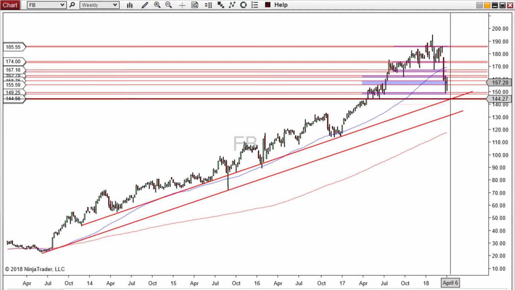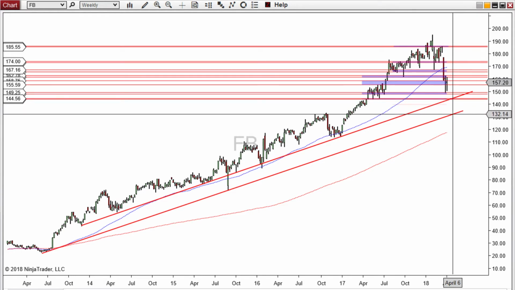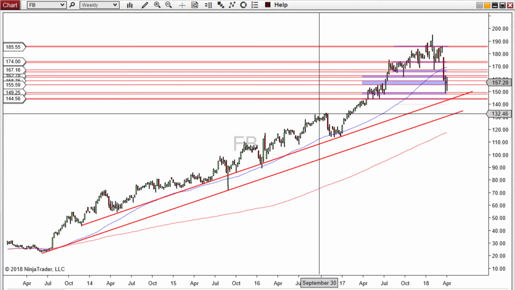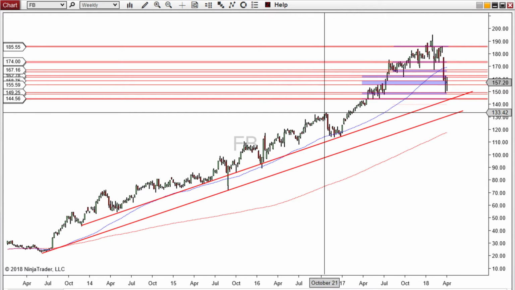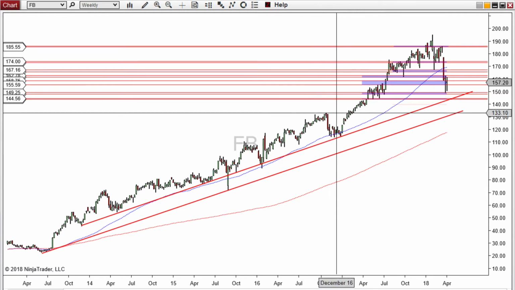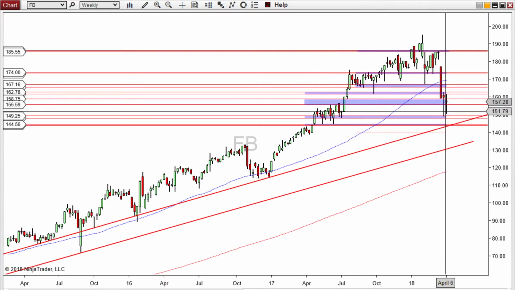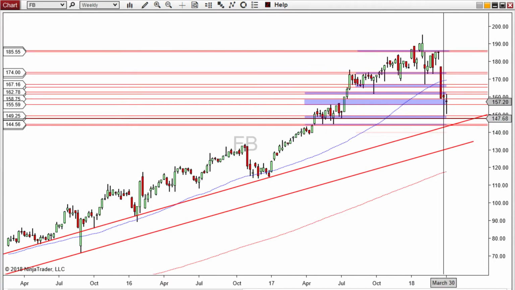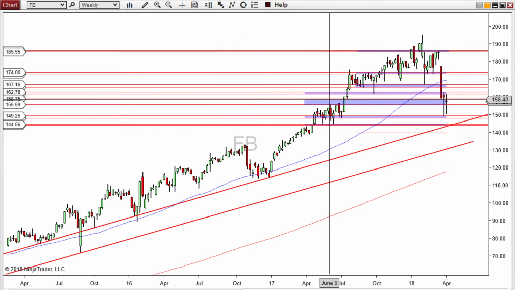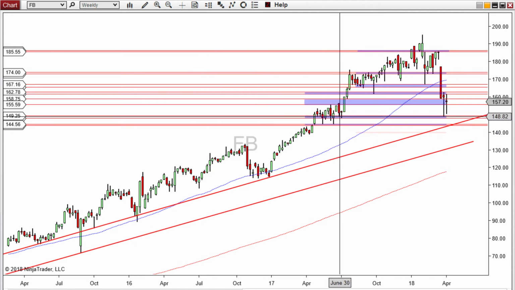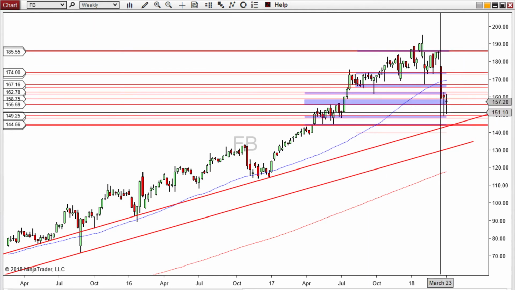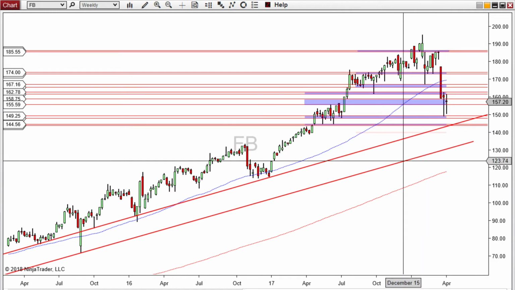Basically I'm looking for this thing to possibly come down to this 144, even down to this 132, at these levels of potential support and resistance. Right now it seems to be chopping around between these two zones, this 159 area and this 149. So you've got this 10-point range that it seems to be chopping around.